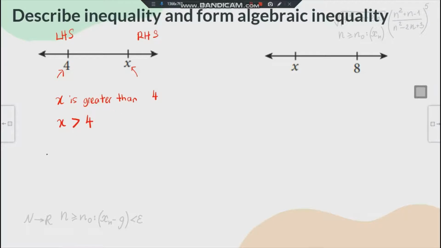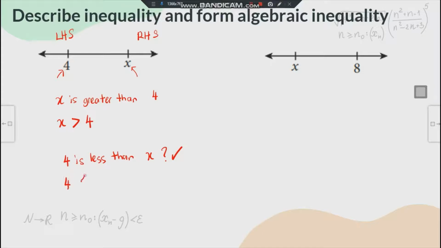So is it okay if we write 4 is less than x? Is it okay, or is it true? Yes, it is true. 4 is less than x because 4 is on your left hand side, which is always lesser than your value on the right hand side.